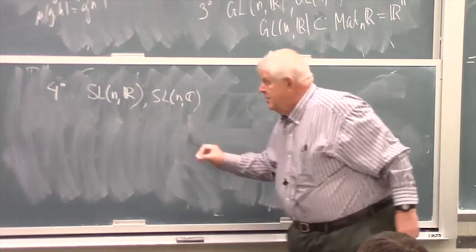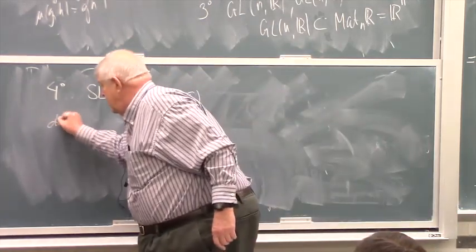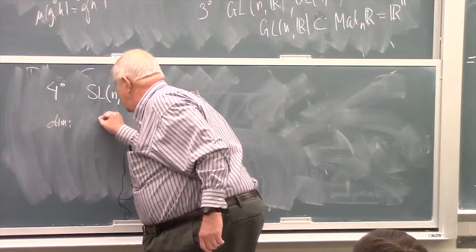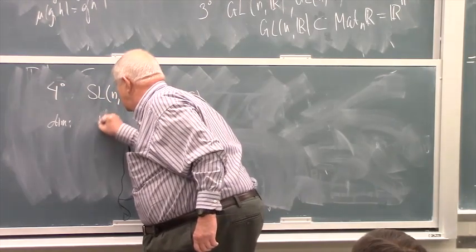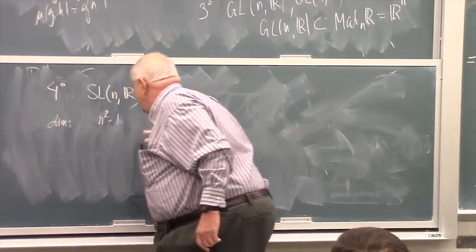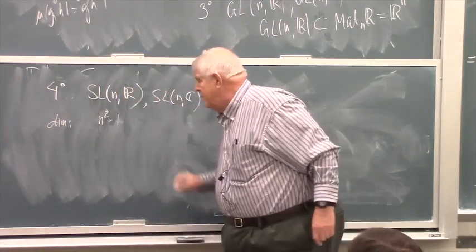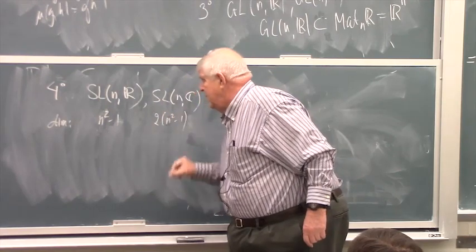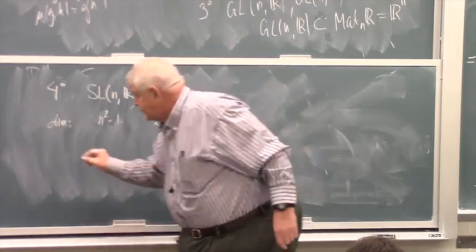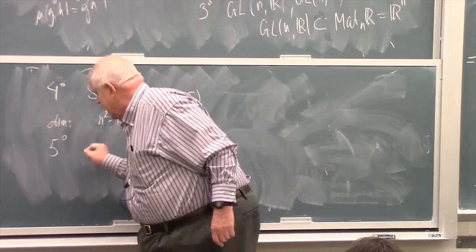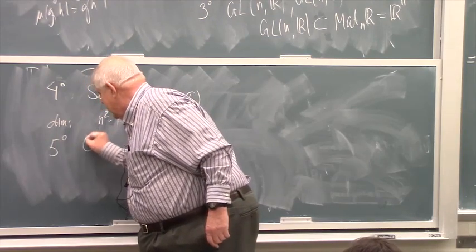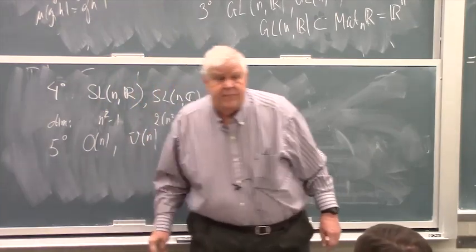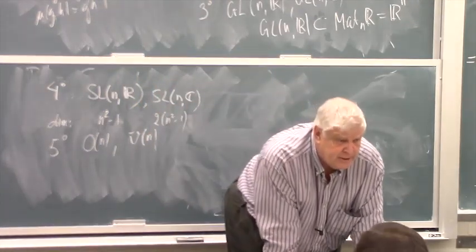The dimension is n squared minus 1 here, and twice this here. To this, I can add orthogonal matrices and unitary matrices.